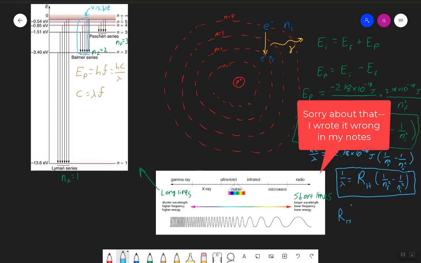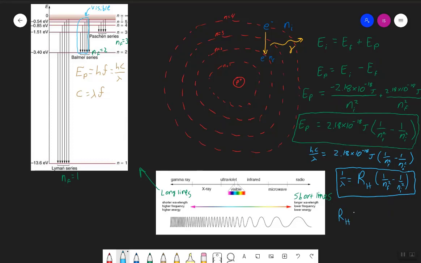So we have RH, which is equal to 2.18 times 10 to the negative 18th joules over Planck's constant times the speed of light. If you plug in all those numbers, we'll get about 1.097 times 10 to the 7th meters to the negative first, so reciprocal meters.